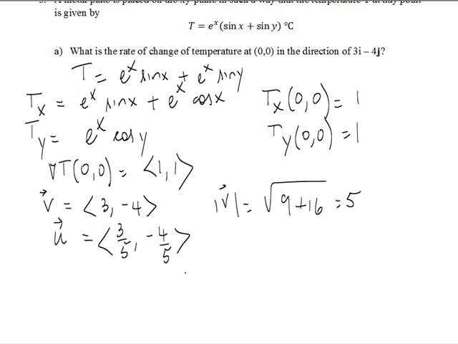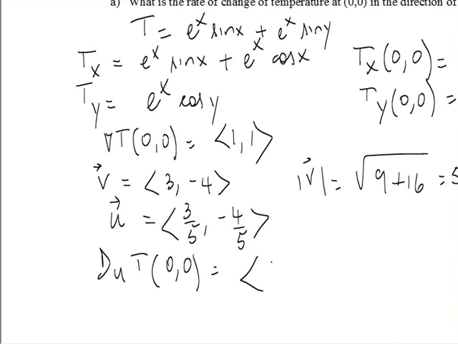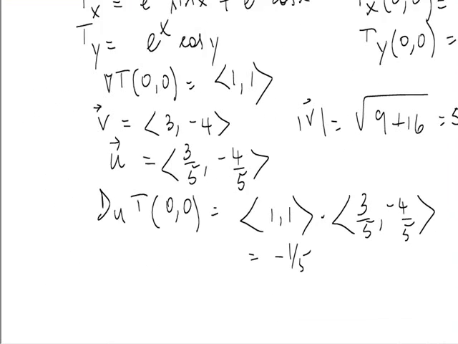And so the directional derivative of T at the point 0, 0 is 1, 1 dotted with 3/5, negative 4/5, which is negative 1/5. That's the rate of change.